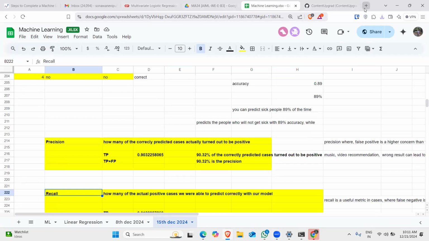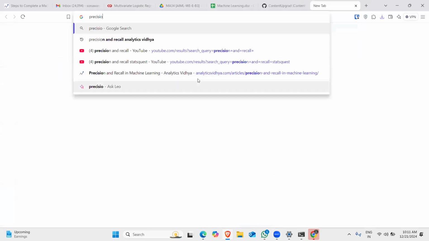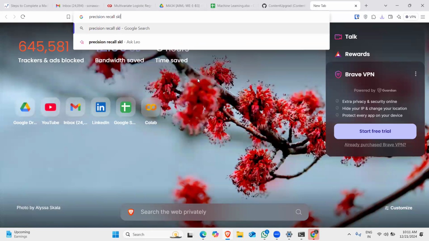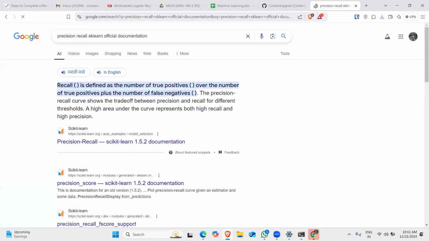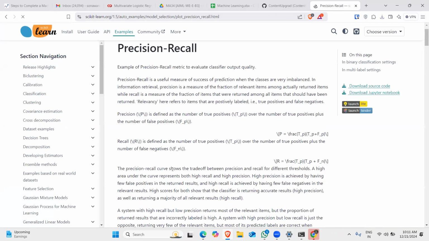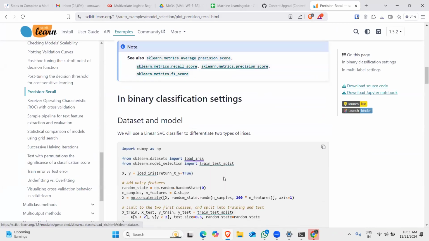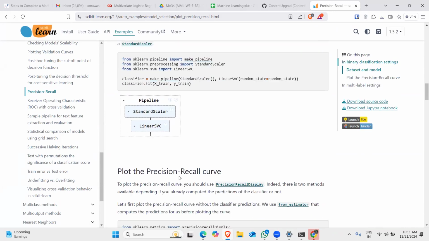So for precision and recall as well, if I just search how do we calculate precision, how do we calculate recall, precision, recall, sklearn, official documentation. If you just see this, it's very simple. You just need to import a package for that. From sklearn.metrics, precision score. So suppose this is your data. You want to calculate precision score for this.